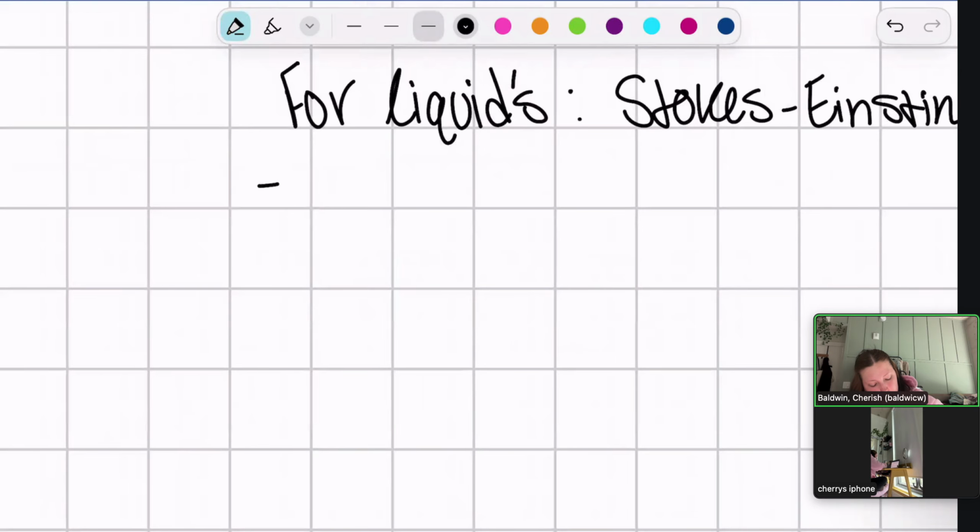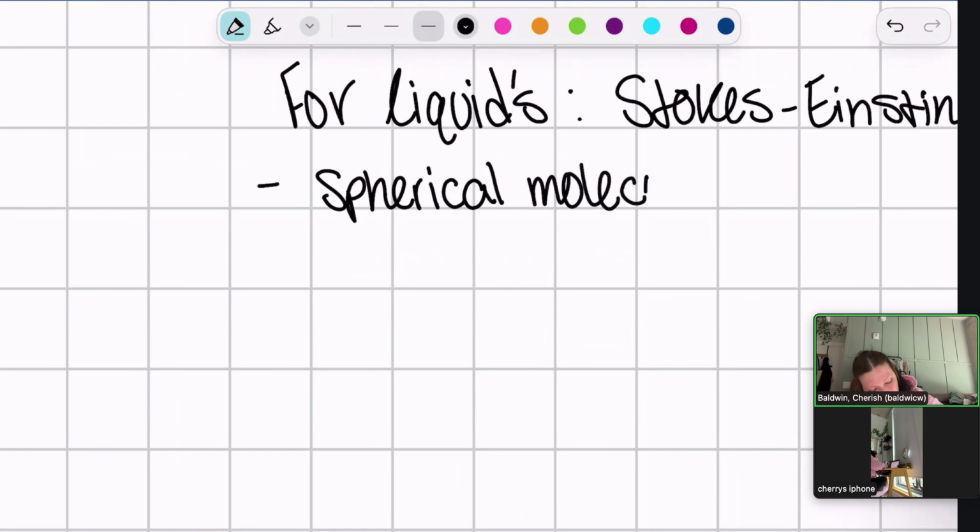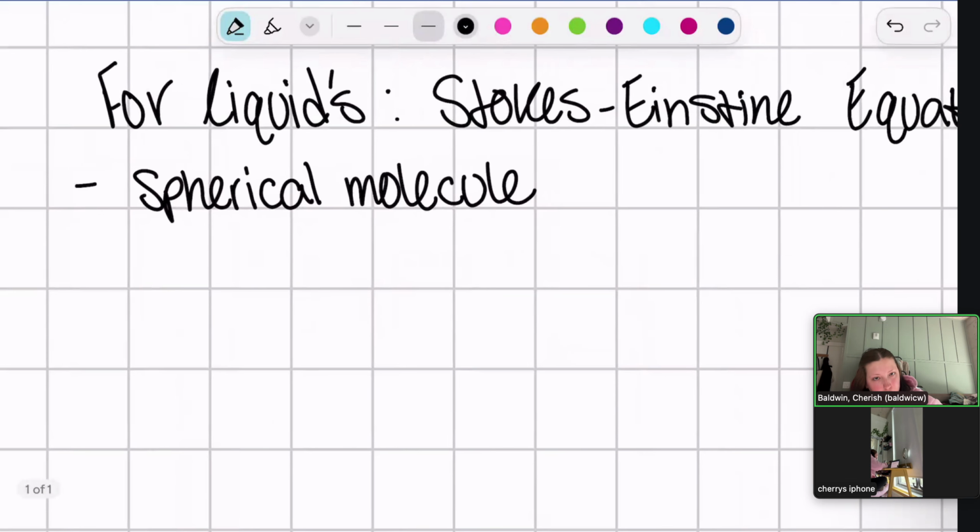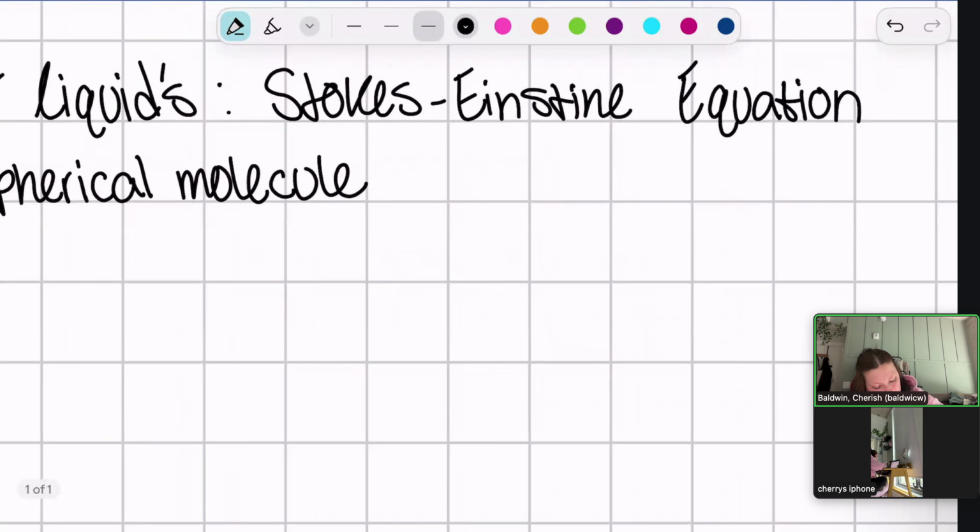To calculate this, we treat it as a spherical molecule going through a viscous liquid.